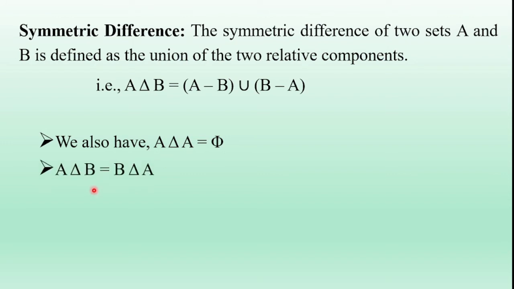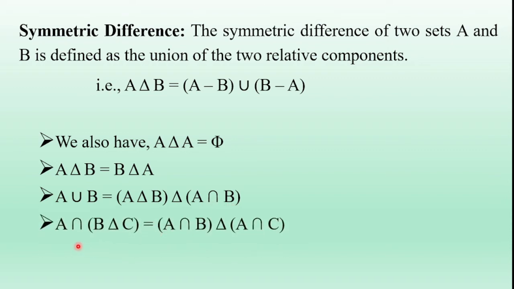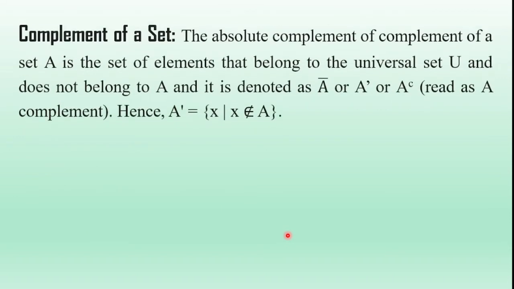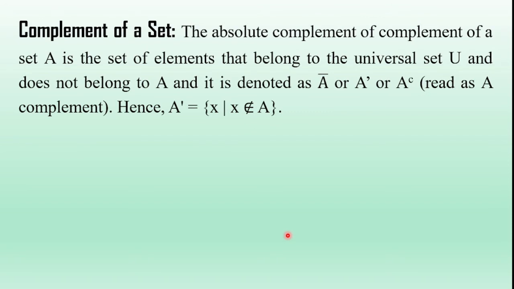The symmetric difference operation satisfies the commutative law, that is A symmetric difference B is equal to B symmetric difference A. A union B is equal to the symmetric difference of A and B, symmetric difference with A intersection B. And the next property: A intersection (B symmetric difference C) is equal to the symmetric difference of (A intersection B) and (A intersection C). So these are some important properties of symmetric difference. And the next operation is complement of a set.